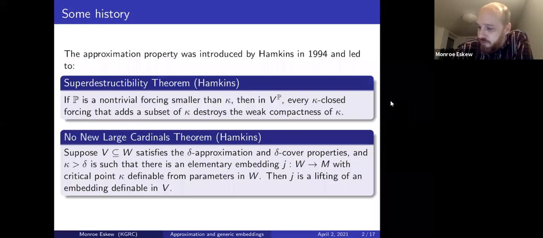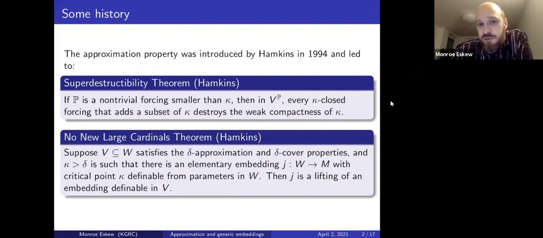Joel Hamkins defined the approximation property in his thesis, I believe. And so 2 of the famous results of his about this were this super destructibility theorem. And this says that small forcing, of course, it preserves large cardinals, but it makes them fragile.